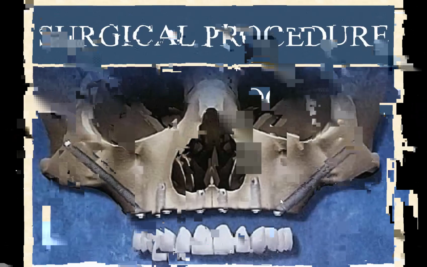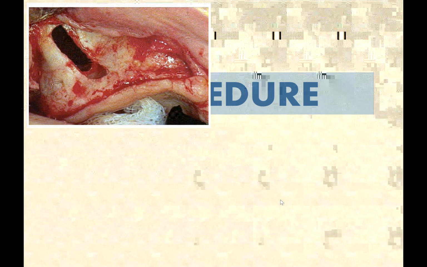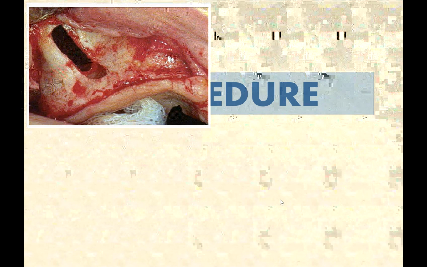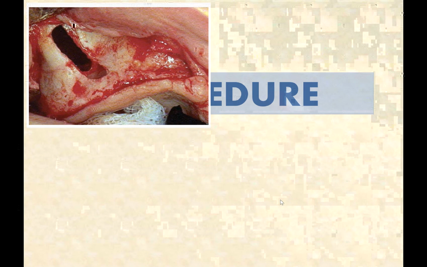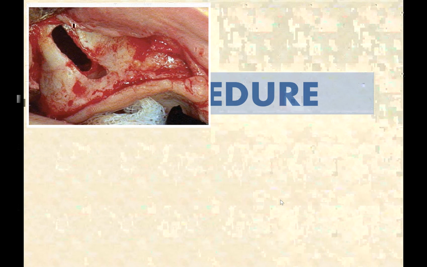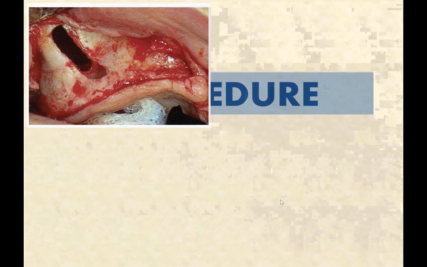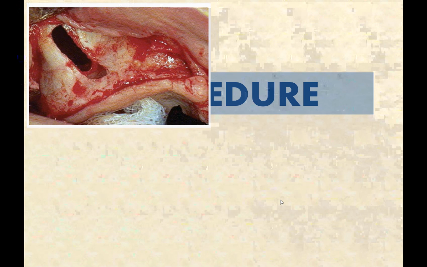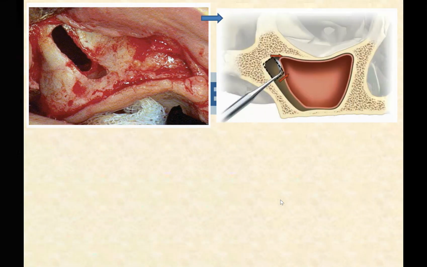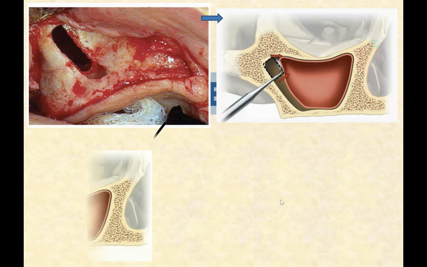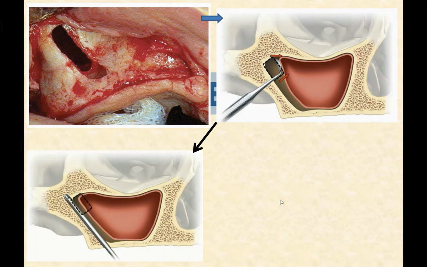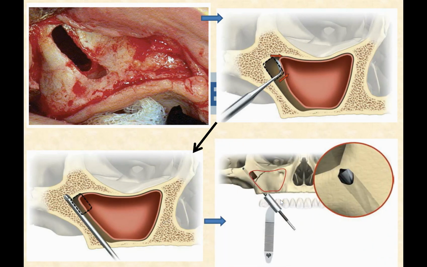Coming to the surgical procedure, it includes a crestal incision followed by palatal flap elevation. Next, we make a window in the maxillary sinus region, followed by checking the length of the drilled hole. Next is placement of the zygomatic implant, and there should be a distance between the maxillary sinus and the placed implant region.